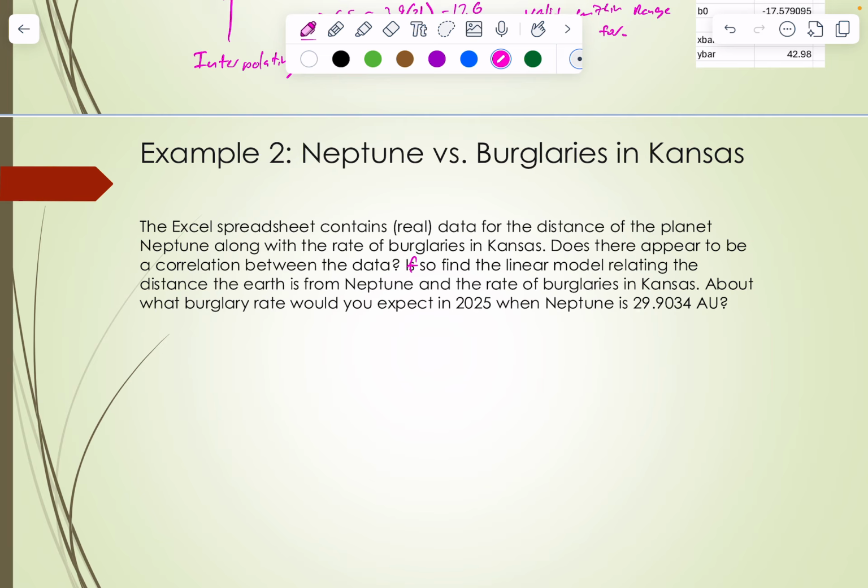So the x value, the explanatory variable, is usually the first one, and the response variable is usually the second one. So about what burglary rate would you expect in 2025? And also it gives us this right here. So that tells me that Neptune is the input variable, or the explanatory variable. So this will be my x.